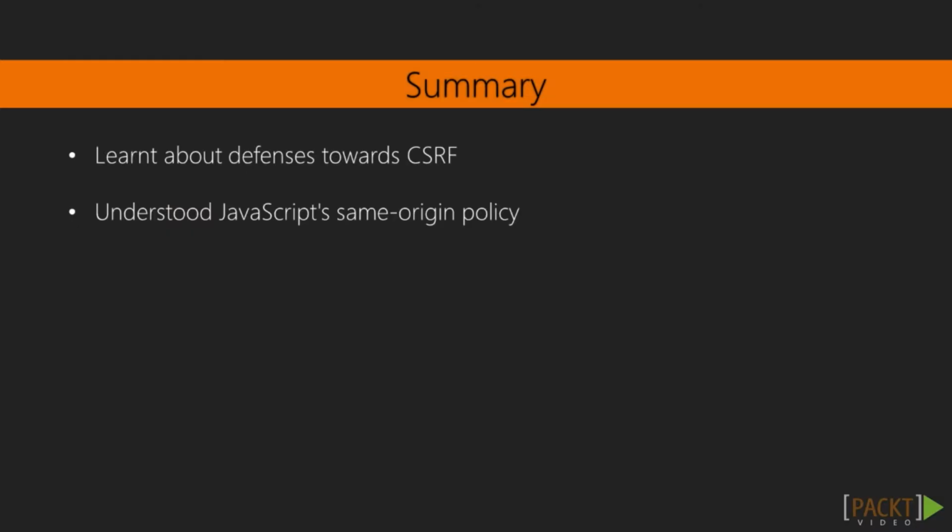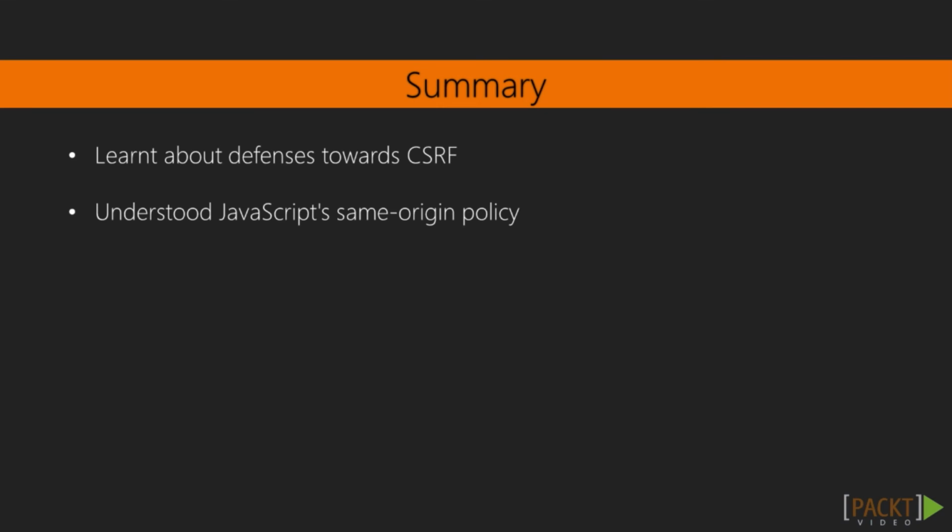So in this video, we've learned about defense towards CSRF. We've looked at tokens and how, if we generate them first, then it's not going to work. We need to have them last and also have a check to see if the correct token is provided from the session we created. And we've also understood JavaScript's same origin policy, and how that helps us in the token method we provided here.